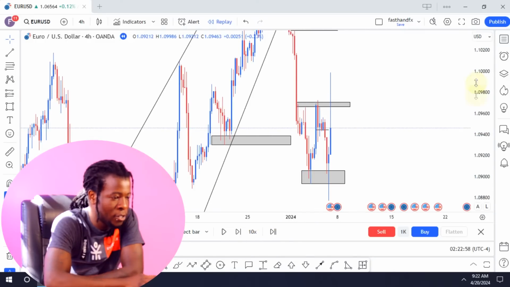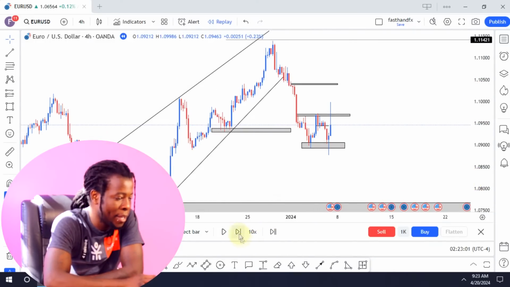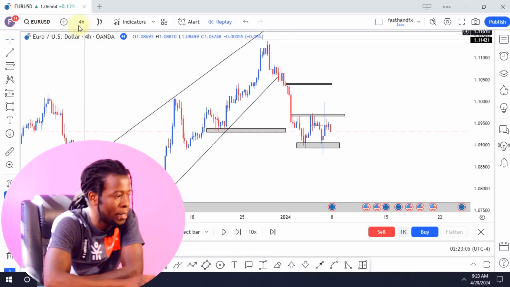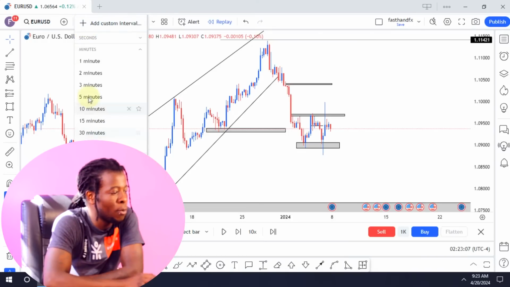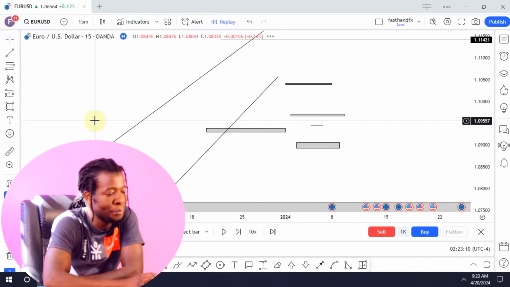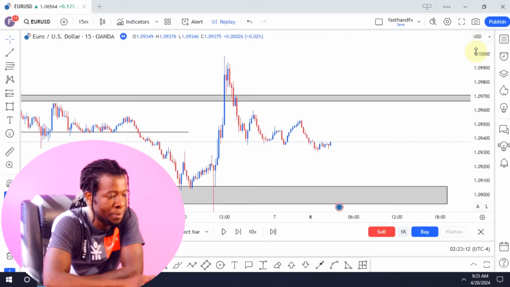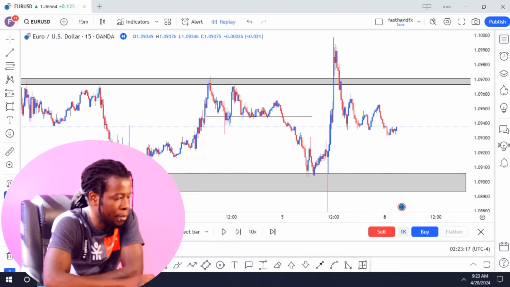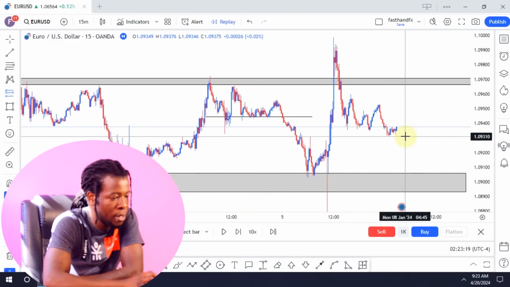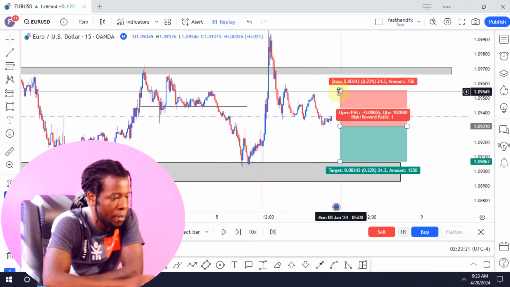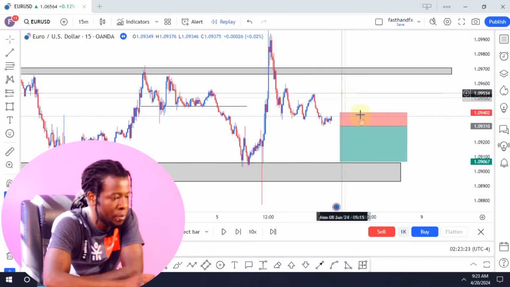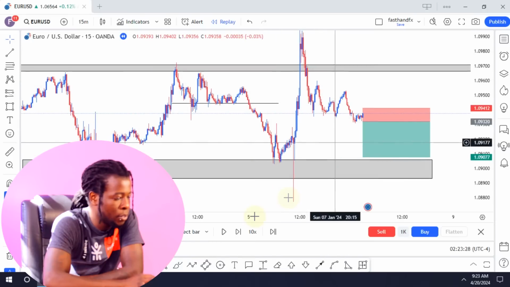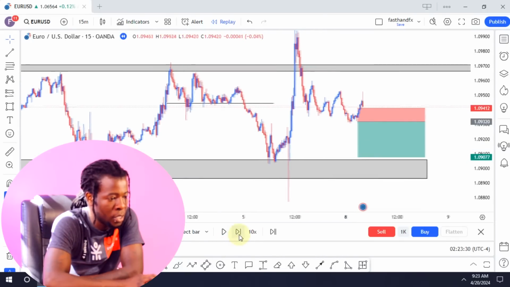All right, so since we had NFP, guys, I believe we won't make any entry decision now. But anyway, after news, the market will go back to its original direction. After news, the market should go to its direction, but we don't need to trade because news is crazy.